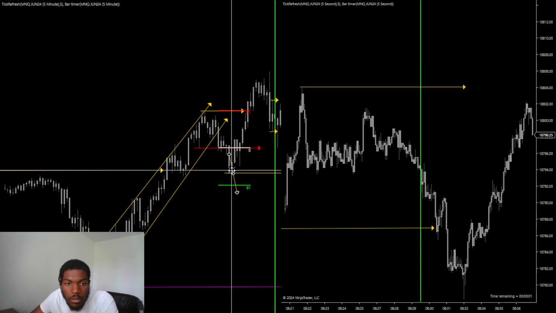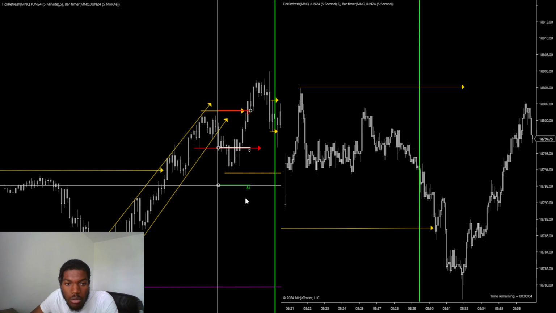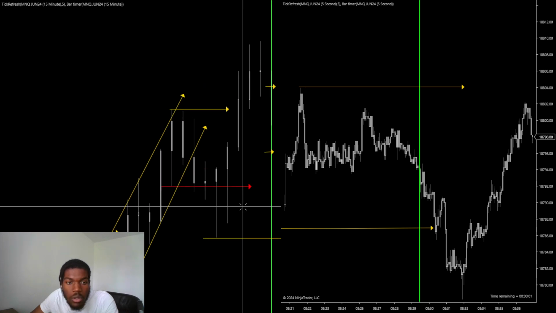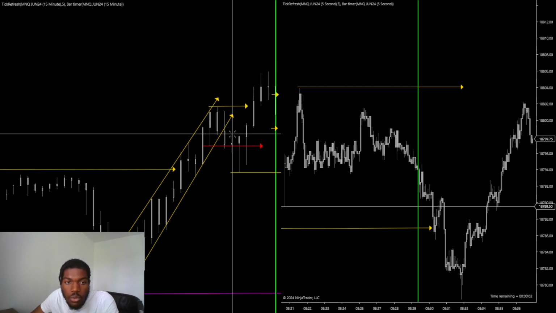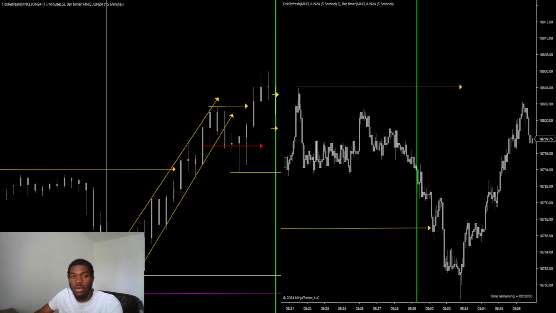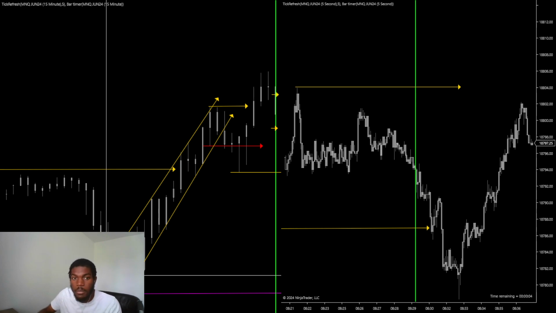That's why I remove all of this. That's the whole reason why I track the last candle, so that I can see when chasers are engaged. Now I can move on to the next part of my plan, which is to see them get liquidated.